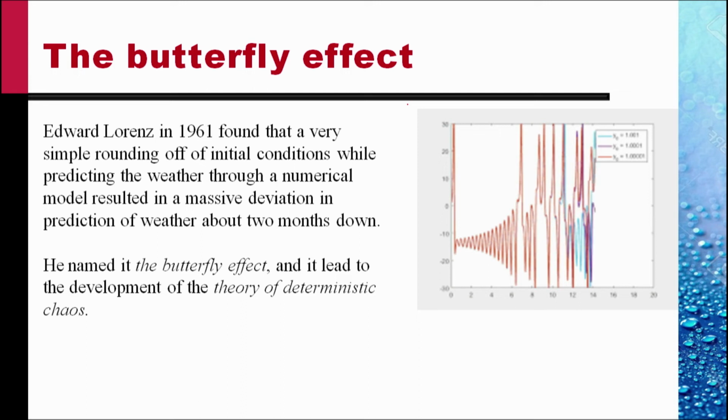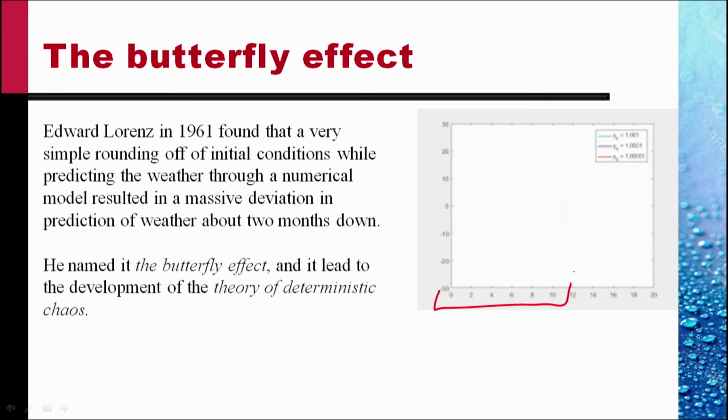In the first part, the three solutions are identical, but then later on they start deviating very largely. He named it the butterfly effect, and it led to the development of the theory of deterministic chaos.